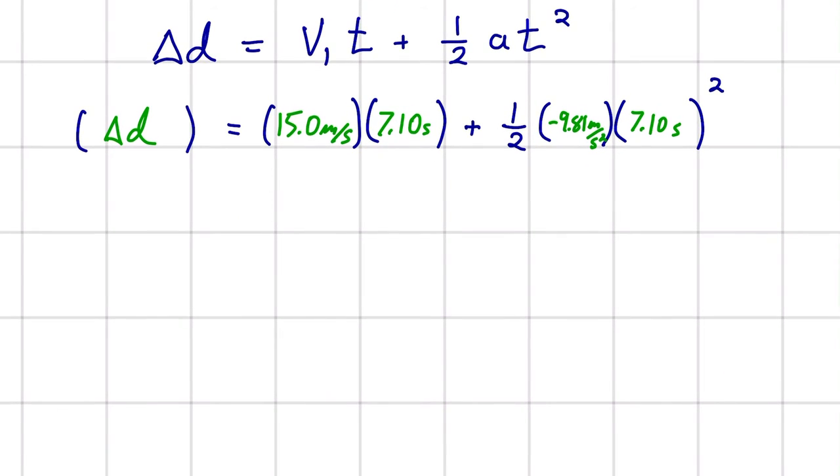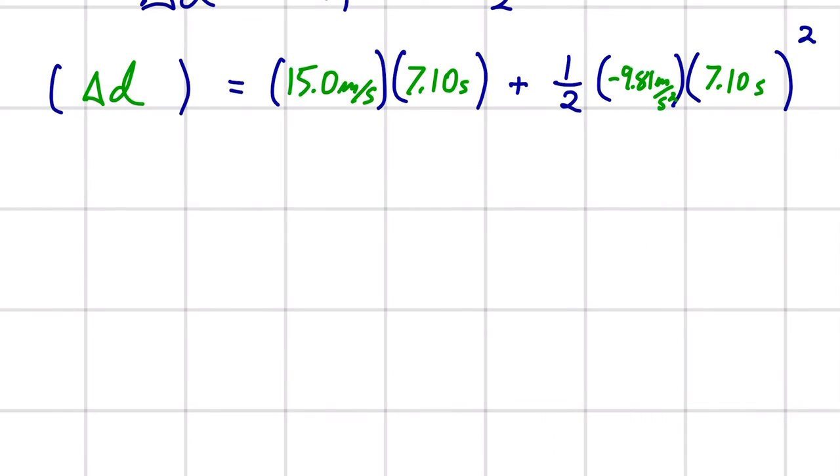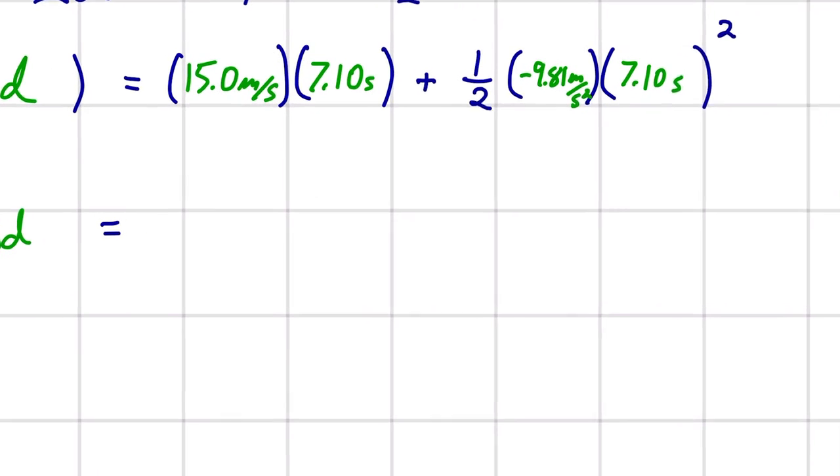All right, and now let's just simplify this equation a little bit, multiplying out some values. Our delta d, I'm going to keep it green so we can keep track that it is our unknown variable.